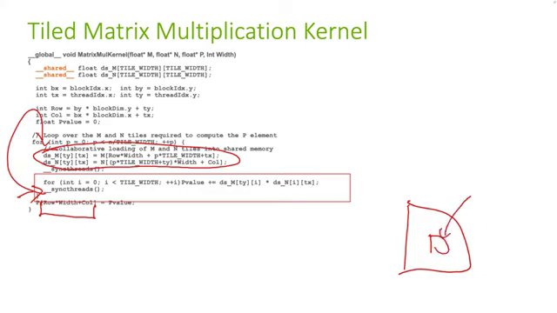Each individual thread in that thread block is doing one element in that small product matrix. The equation for that is this. In the big grand scheme of the product matrix, this is the cell I'm responsible for, row and column. Make sense so far?